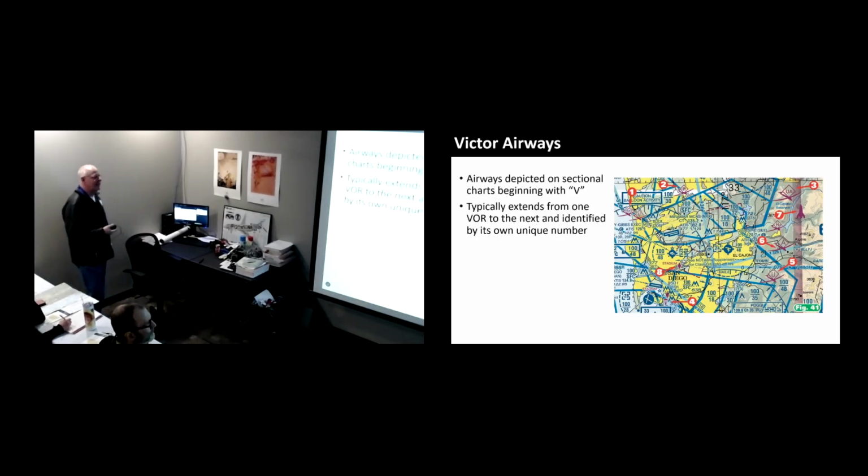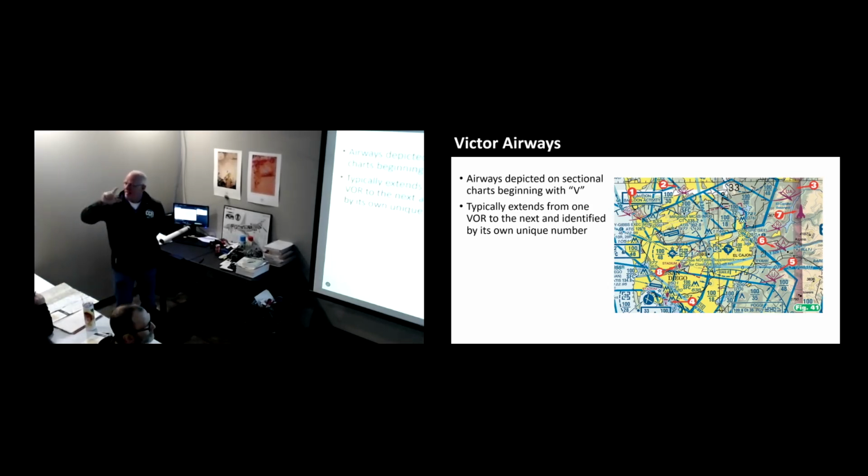Victor Airways. Okay, we talked about military airways and training routes and all that kind of stuff. On the chart, this is a terrible diagram to talk about Victor Airways, because there's really only one that I could find all the way in the bottom right, Victor 460-514. But a Victor Airway is typically a navigational route that you can fly, and those routes indicate a flyway or an airway, typically connecting two VORs, right?